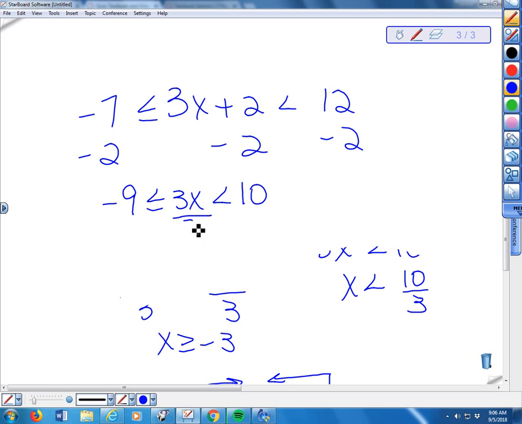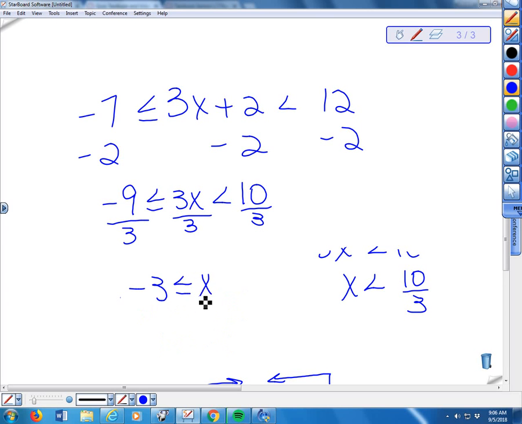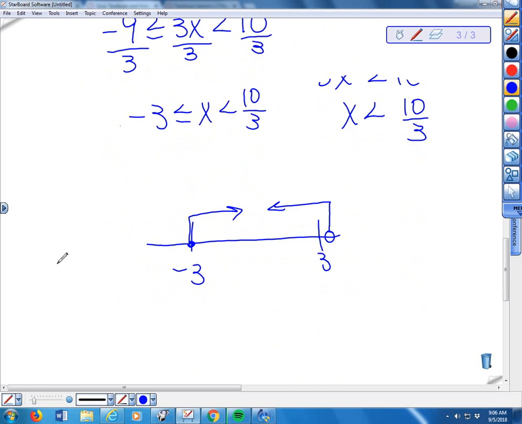Then I'm going to divide by 3. And I get the same thing. X is greater than -3 and less than 10/3. Okay? To solve ORs, they're already separated for you, so you just have to solve both pieces of them.